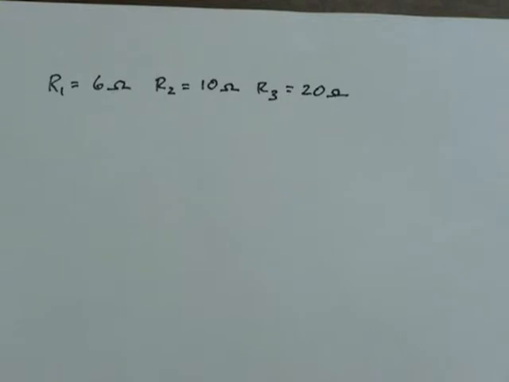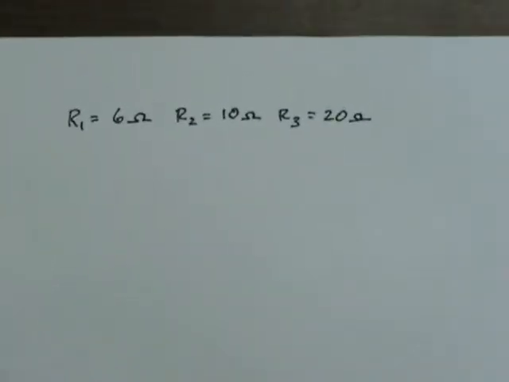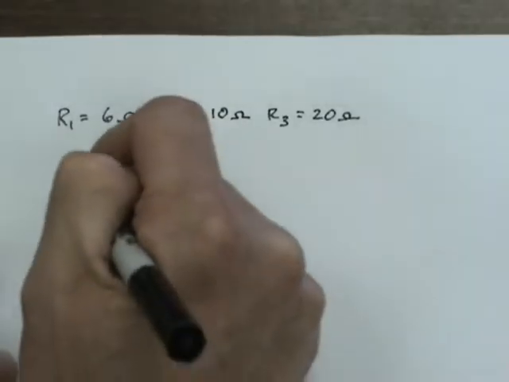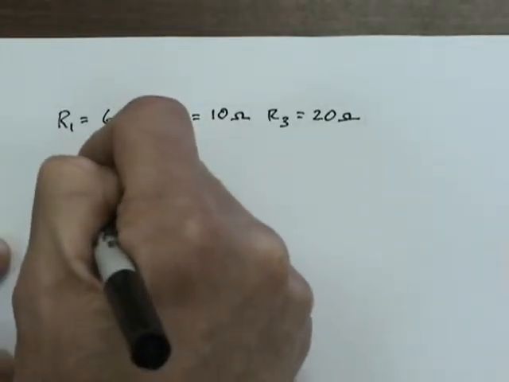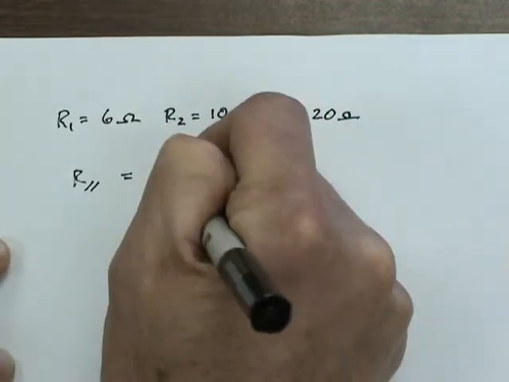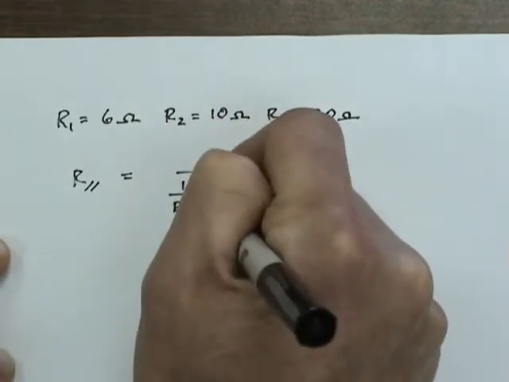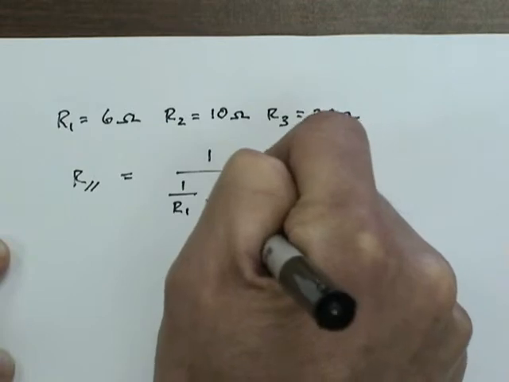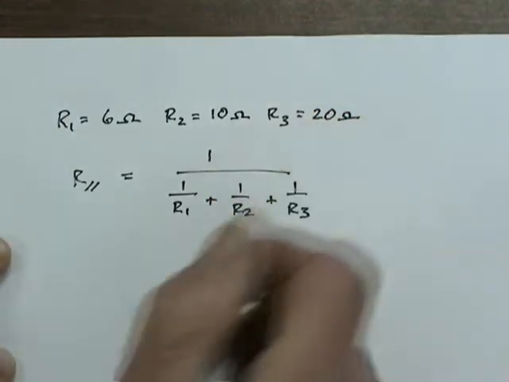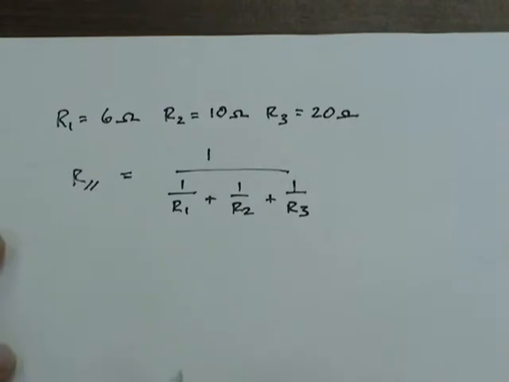Alright, now we're going to take a look at a problem that has 3 resistors, and we want the total parallel resistance. So we're going to use the other formula, and this time we start off with R parallel equals 1 divided by 1 over R1 plus 1 over R2 plus 1 over R3. The more I say that, the more of a chance I have of memorizing it.